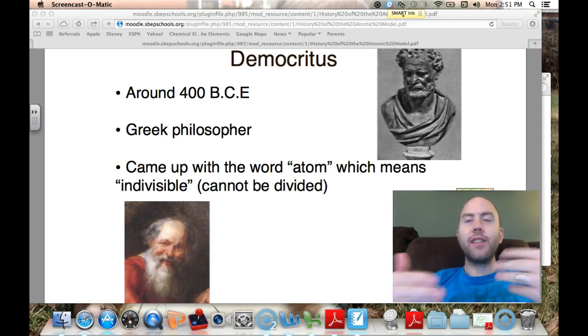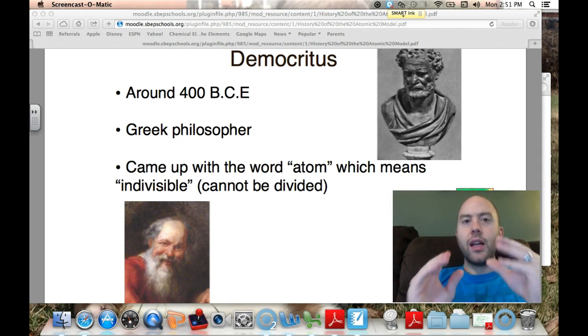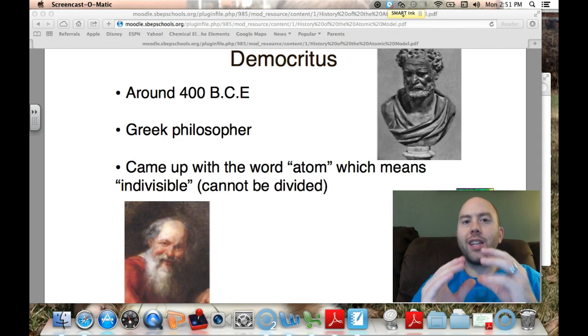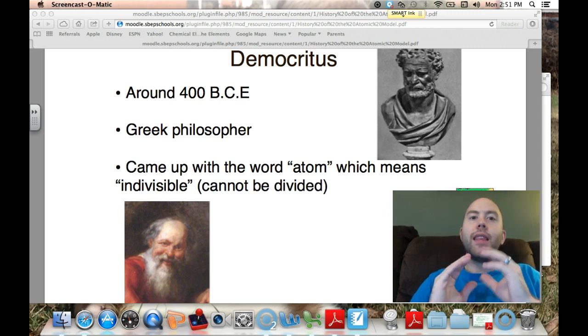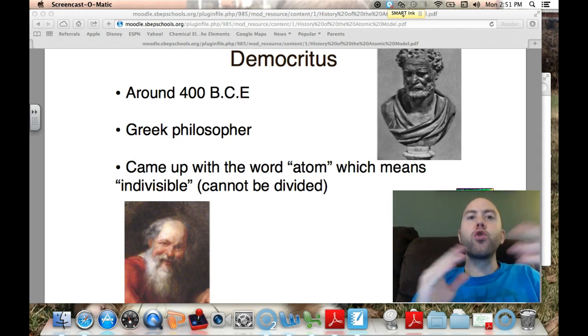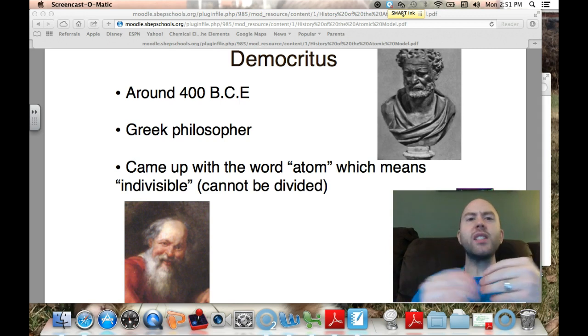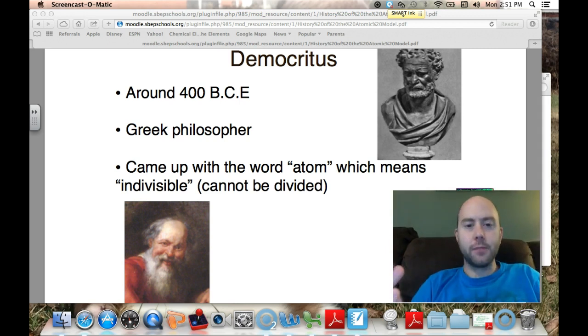But the idea of the atom started 400 BCE, over 2,000 years ago, by a guy named Democritus, who just says that everything is made of these indivisible, uncuttable, unbreakable little pieces. Now the problem was he couldn't prove any of this. This was just a theory, just an idea.